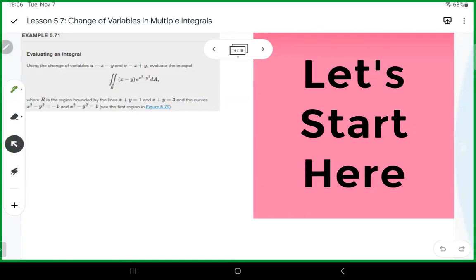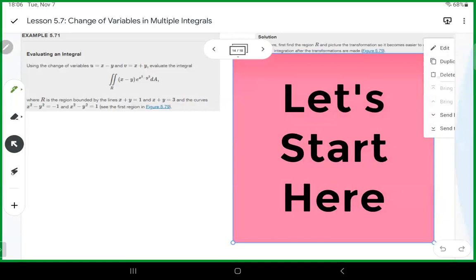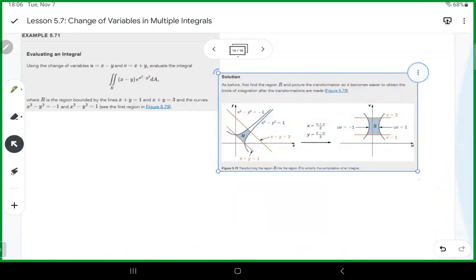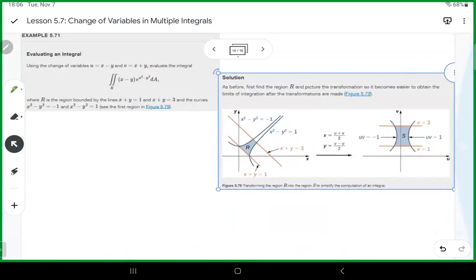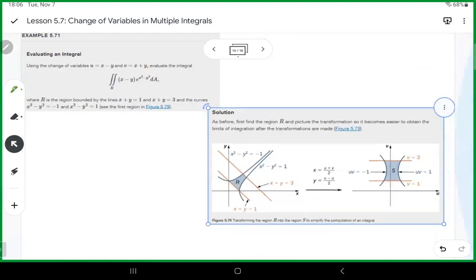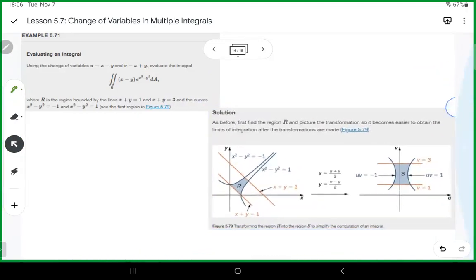Okay, so we will look at this problem next. Try to make that big enough for you.